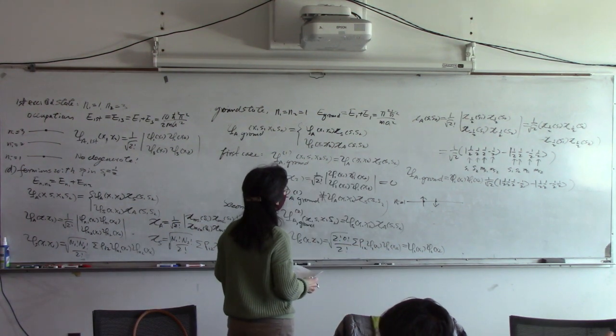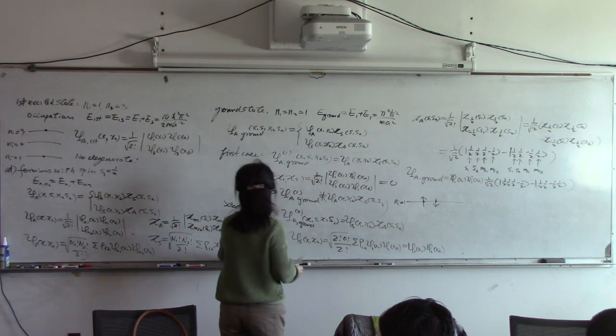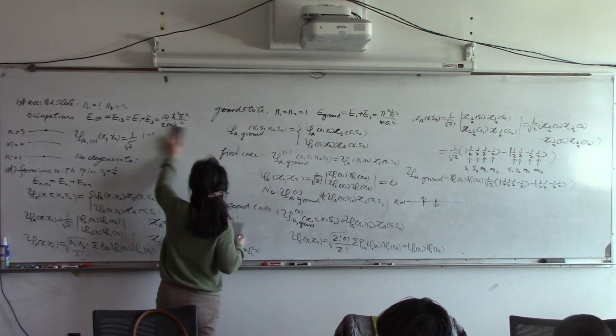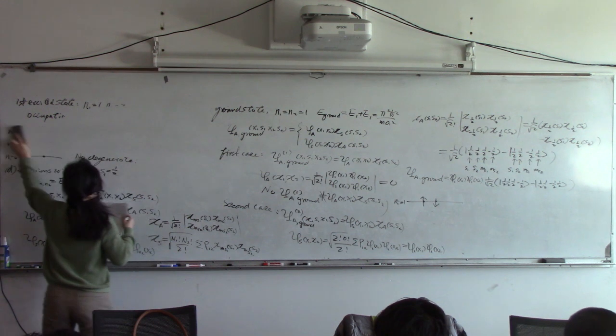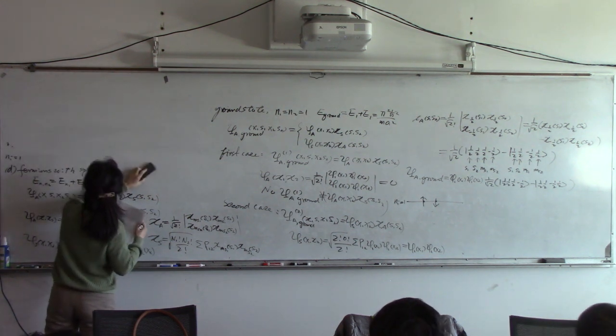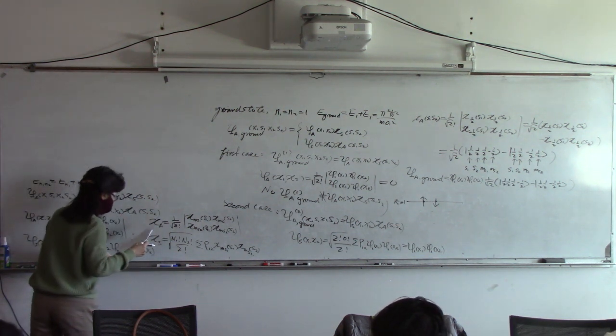If we know the ground states, now let's go to the first excited states. We can see how to construct the first excited states with spin.